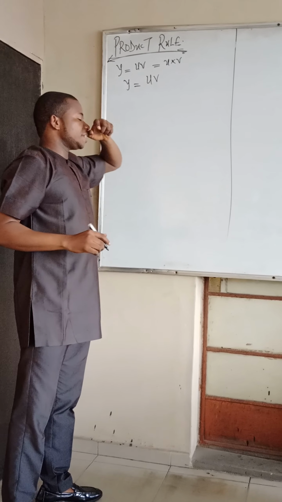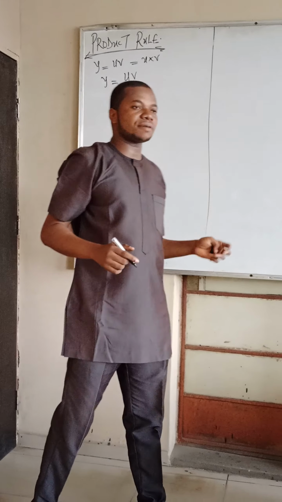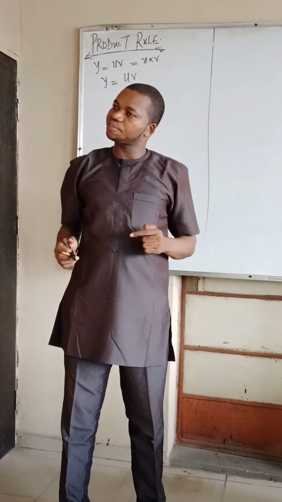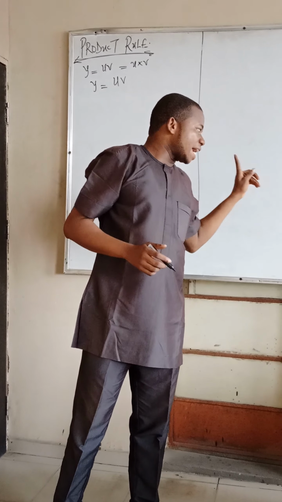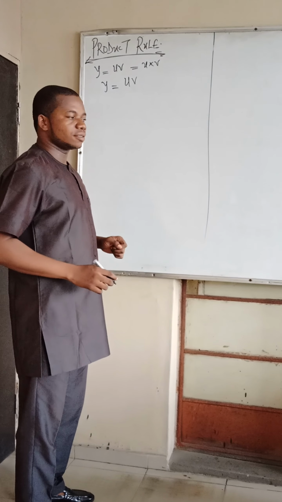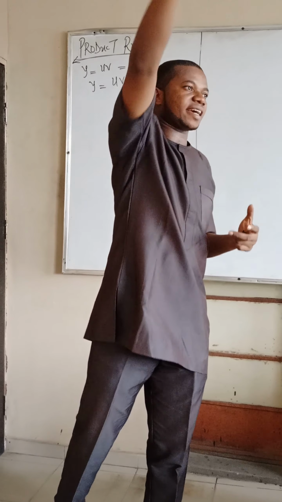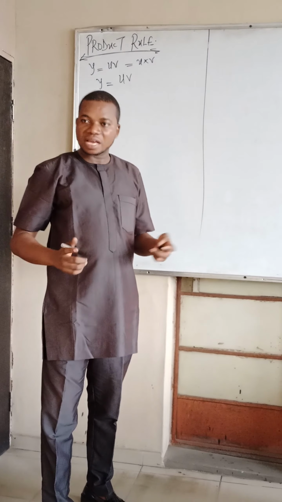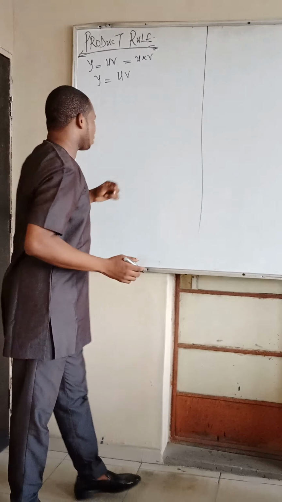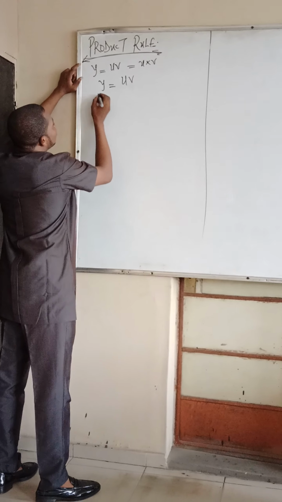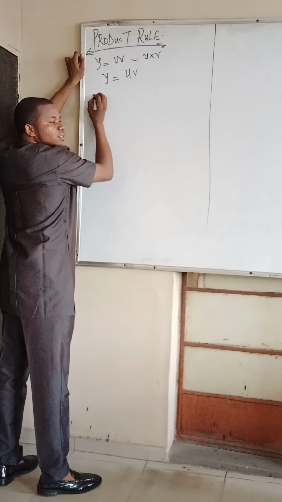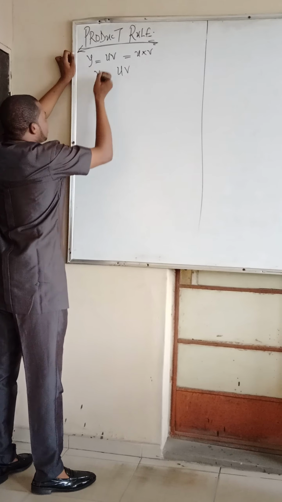So to illustrate this, I'm going to still use the concept of differentiation from first principle. And that was why I needed to teach that before teaching this, so that it will not look as if I'm pulling something from the sky, and somebody may ask me, where is this one coming from? Now, for every y, there's a corresponding change in y.